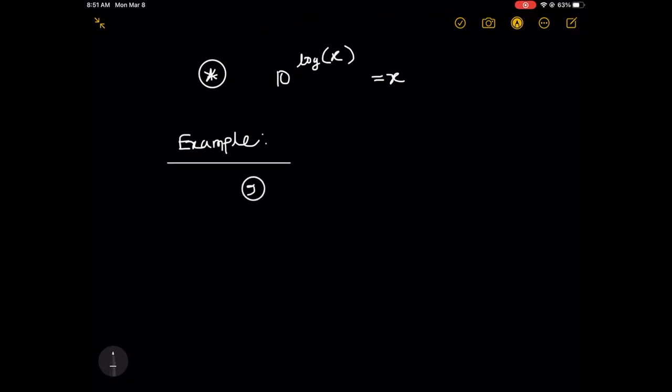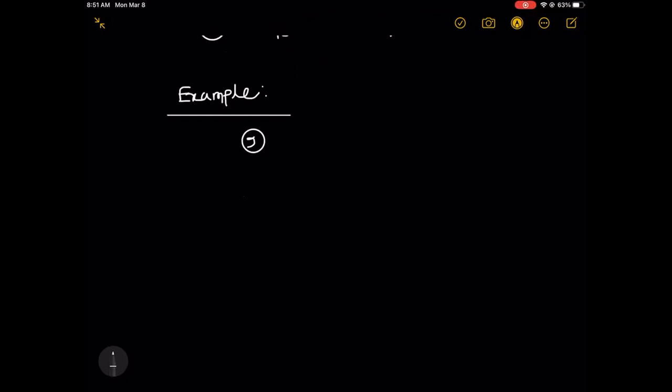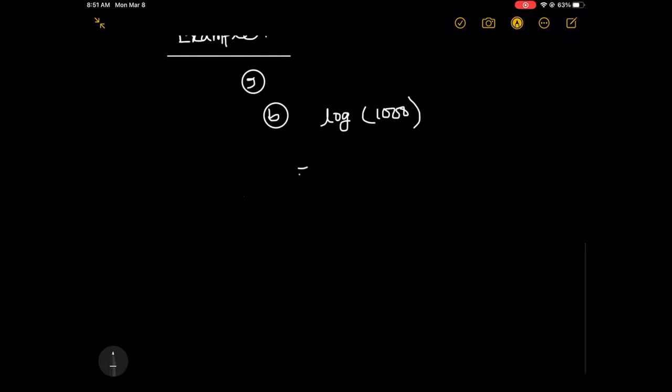Example 9, let's start with b. We have logarithm of 1,000. You can say log of 1,000, and if you know that this 1000 can be written as 10 cubed.